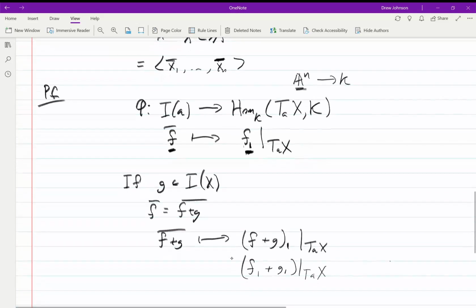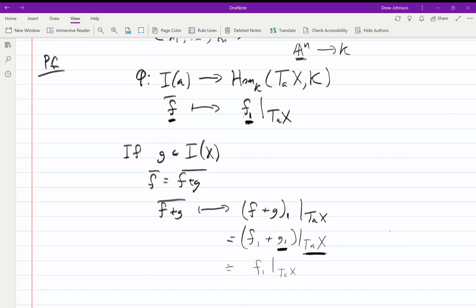And now the tangent space is defined exactly to be the places where all these G1s vanish, right? So this is just F1 restricted to the tangent space of A. G is an element of I of X, and the tangent space is defined to be the vanishing of all the linear terms of elements from the ideal of X. All right, so this map is well defined.